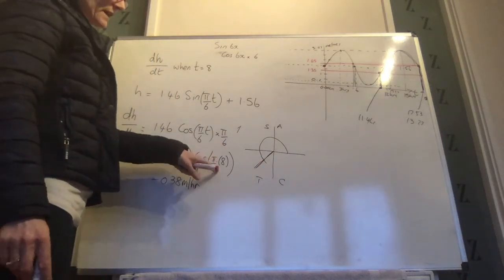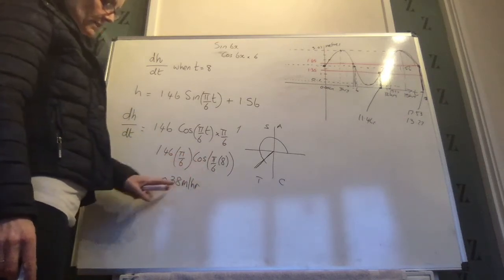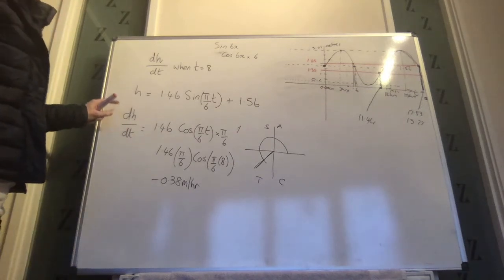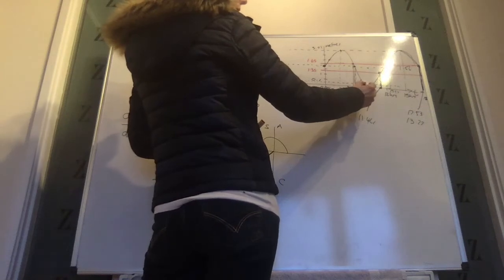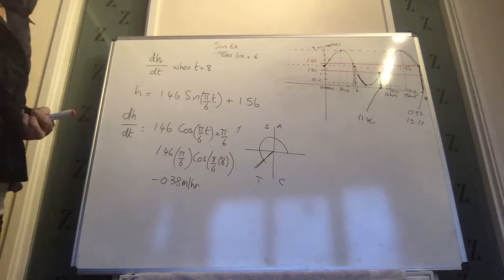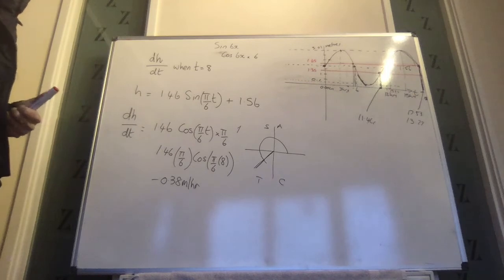So that'll be a negative answer. I think it's minus 0.5, but that is negative. What does that mean? It means that at 8 hours, which is somewhere around here if we look at it, the rate of change of our function, or our height, is decreasing as time increases. Okay?